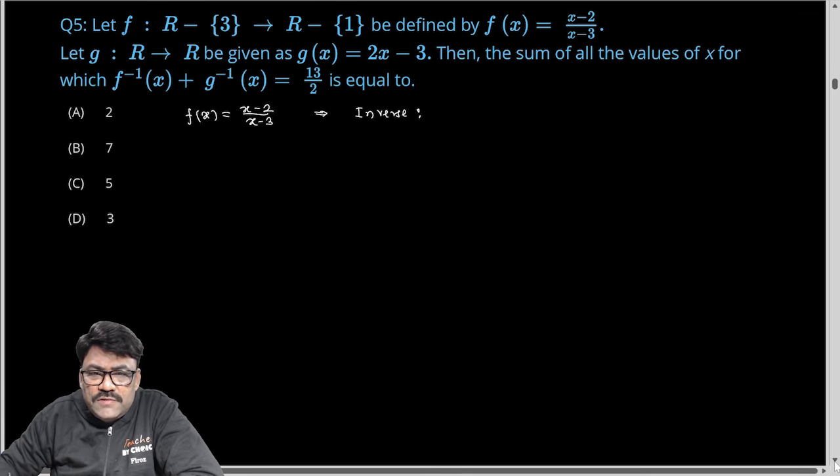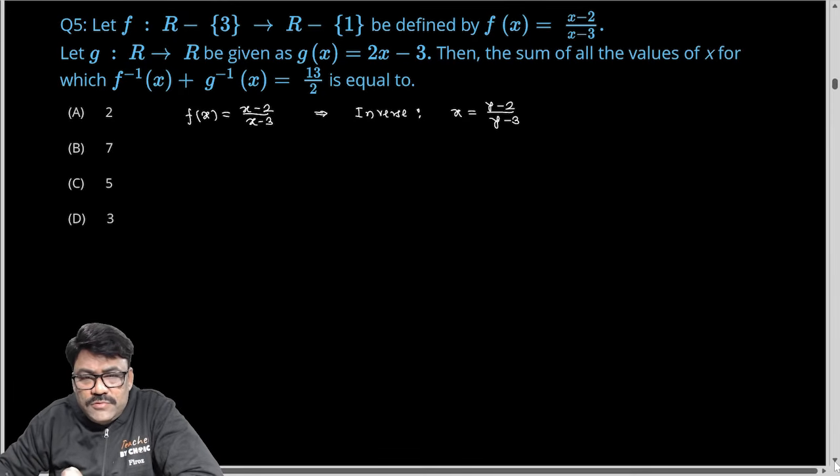So you can write it as x is equal to y minus 2 over y minus 3. To get the inverse of any function, simply write the function as x and x as y. Y is f inverse x here.